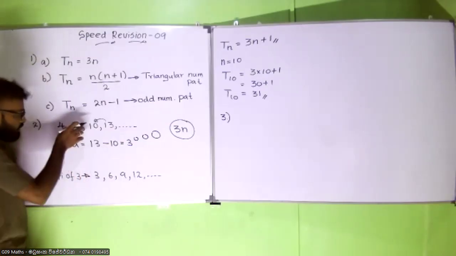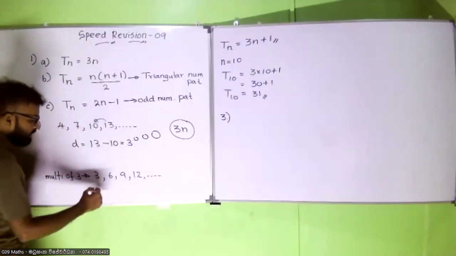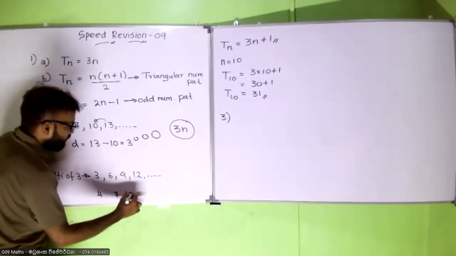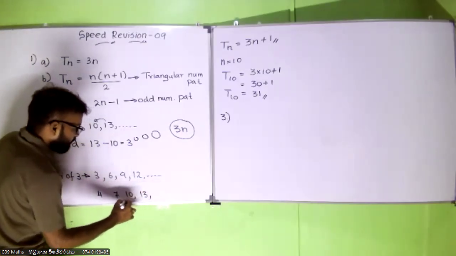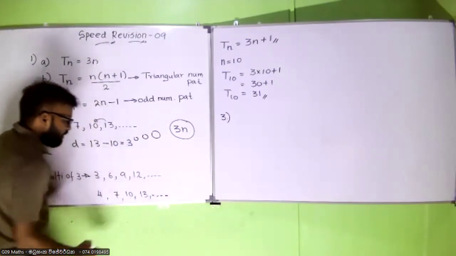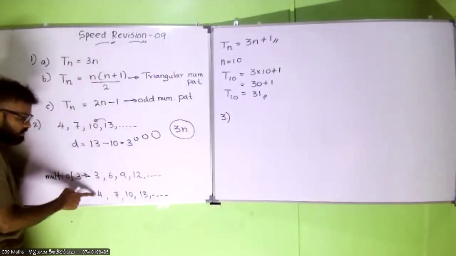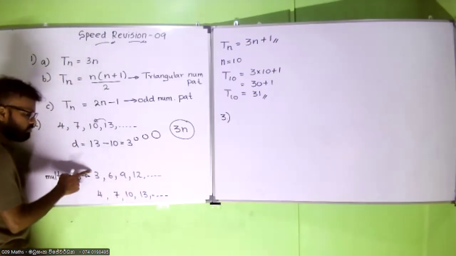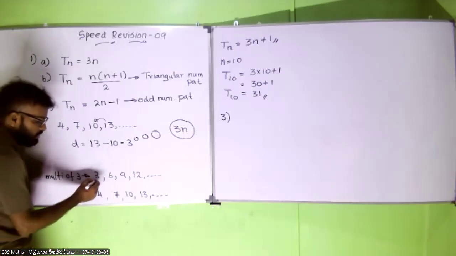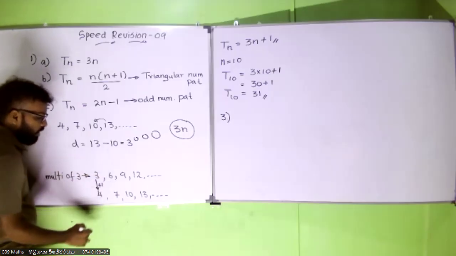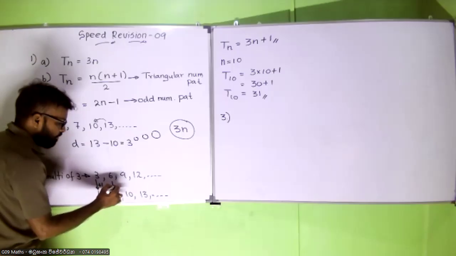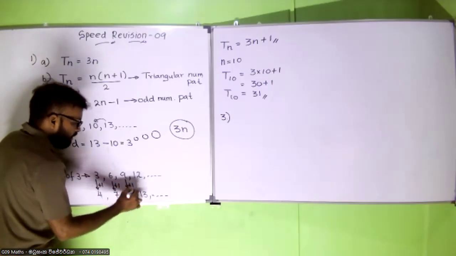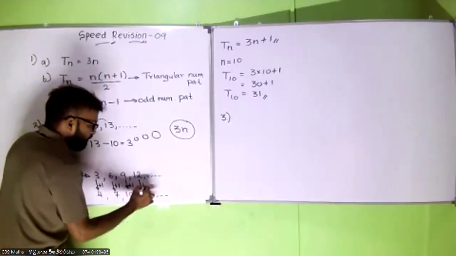Then I will write my number pattern that they have given under this one: 4, 7, 10, 13. Now, how are you going to obtain this number pattern from the multiples of 3? You just have to add 1 to each and every term. 6 plus 1, 7. 9 plus 1, 10. 12 plus 1, 13.